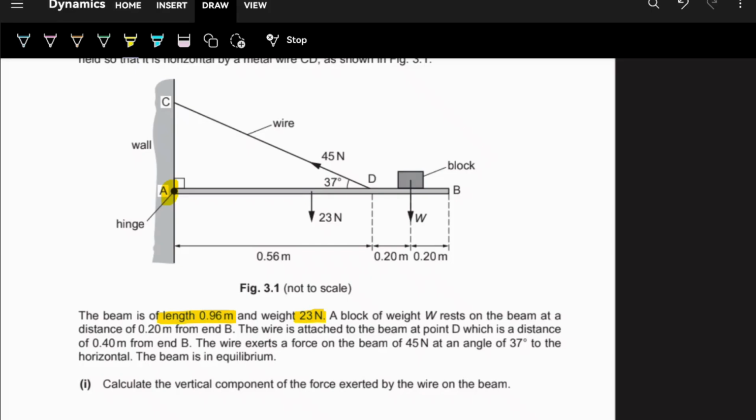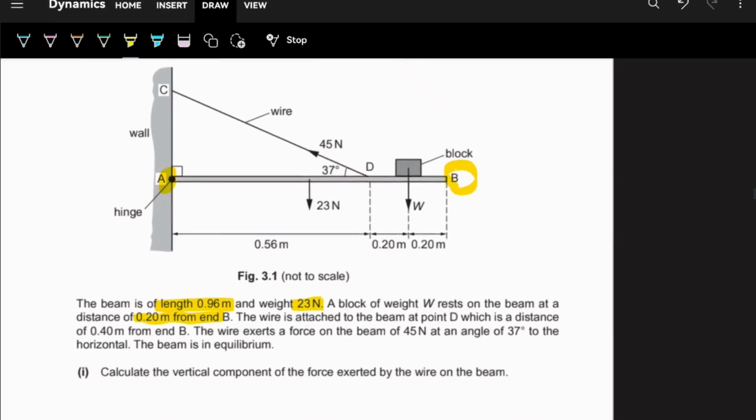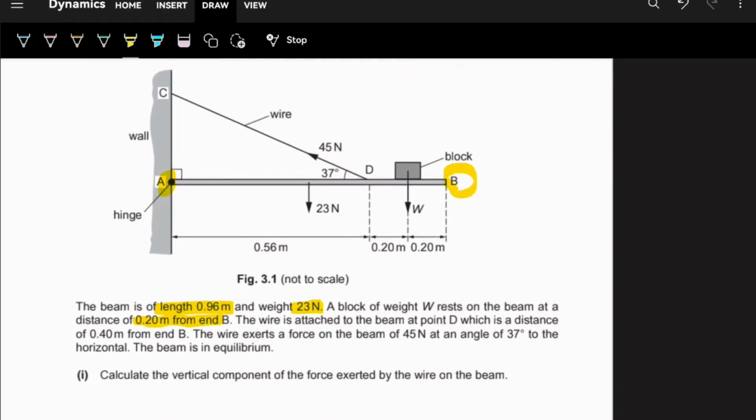A block of weight W rests on the beam at a distance 0.2 meter from B. Where is B? Oh, this is B here. The wire is attached to the beam at point D, which is a distance 0.4 meter from B.